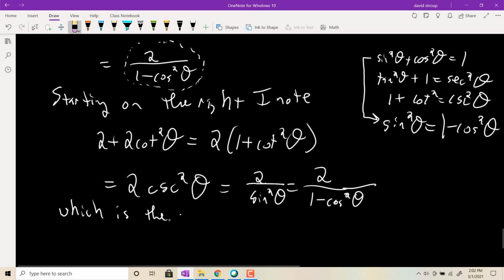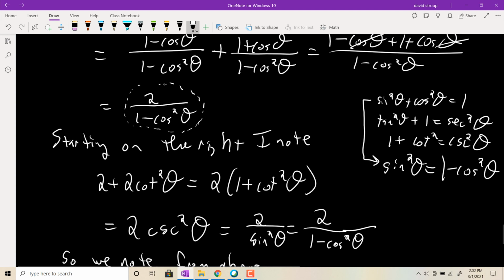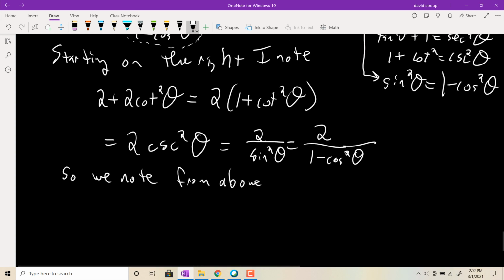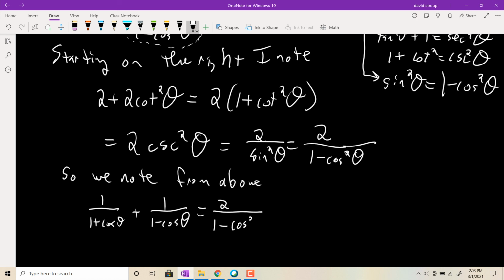So maybe I should say, we note from our first part from above that 1 over 1 plus cosine plus 1 over 1 minus cosine equals 2 over 1 minus cosine squared theta.